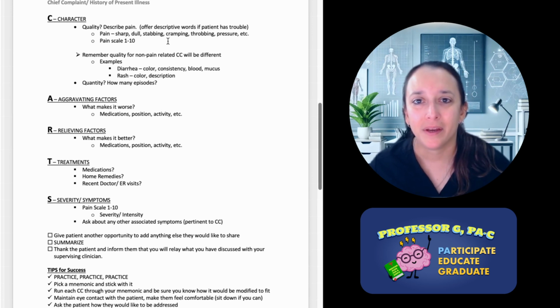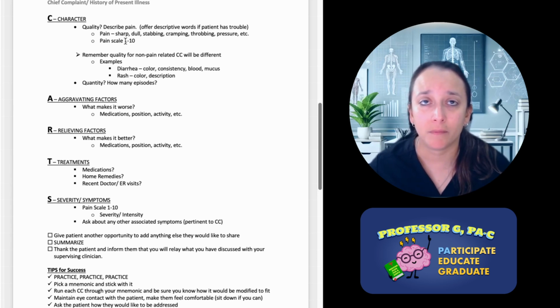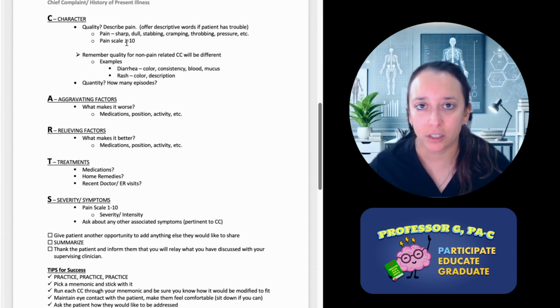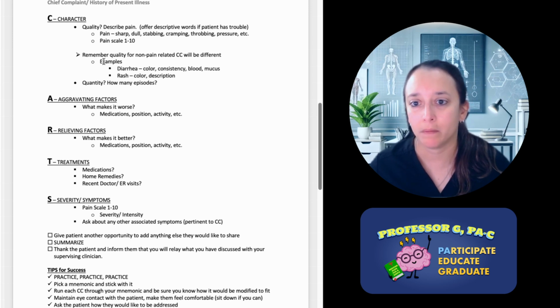So there's other characteristics that you can ask about, other qualities of symptoms. Once I'm talking about the pain itself, I like to ask about the pain scale at this time. So I will ask, between 1 and 10, 1 being the least amount of pain, 10 being the most pain you can ever imagine, where is your pain at this moment?